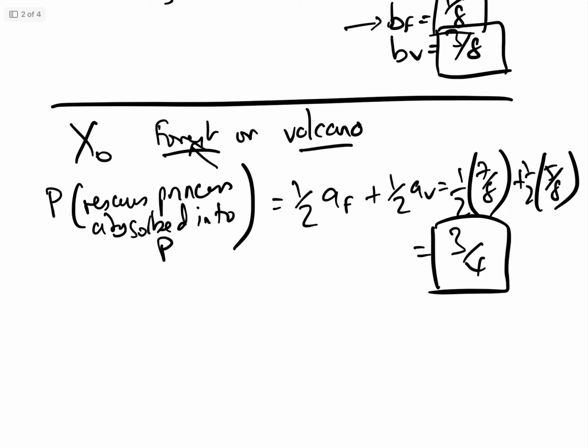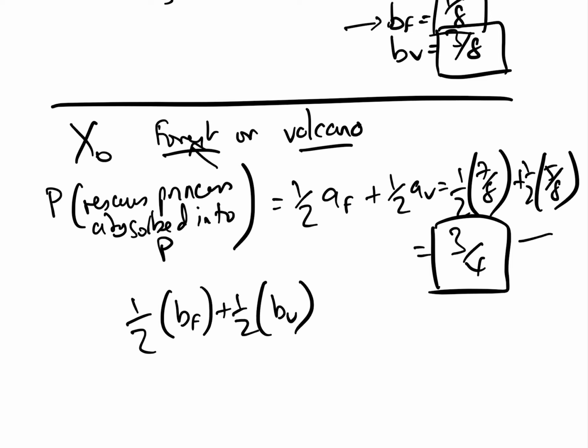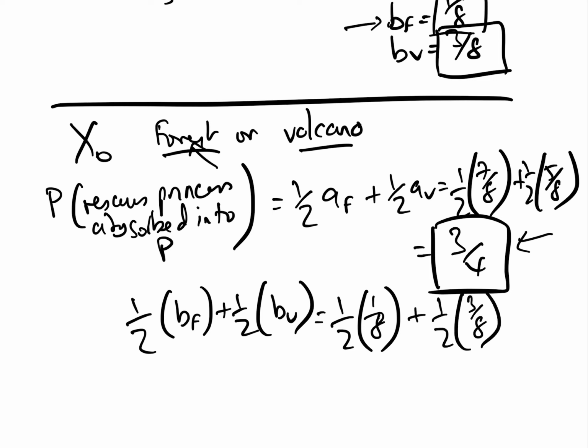And therefore the probability that he gets eaten is 1/2 BF add 1/2 BV, and he's either going to get eaten or he's not going to get eaten, he's either going to save the princess or he's going to get eaten, which is basically 1/2 times 1/8, this is BF, add 1/2 times 3/8, which is BV, which equals 1/4. So clearly, no matter what we do with the probabilities, he is either going to be rescuing the princess or being eaten by the dragon, and that's correct.